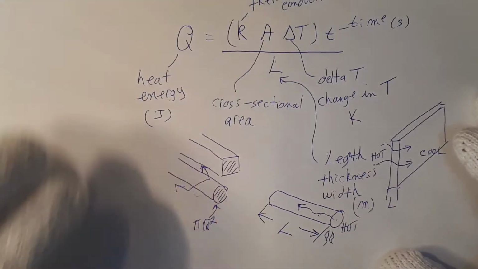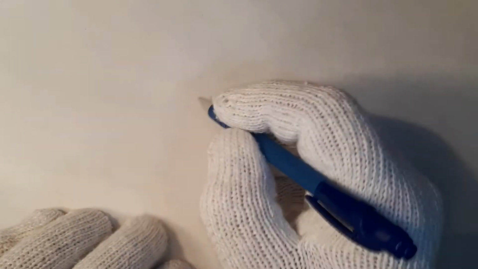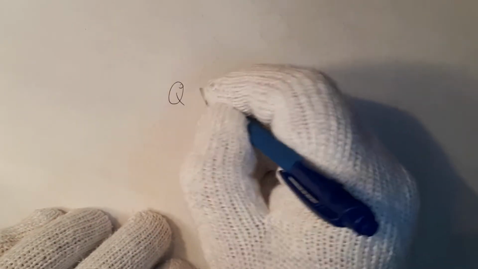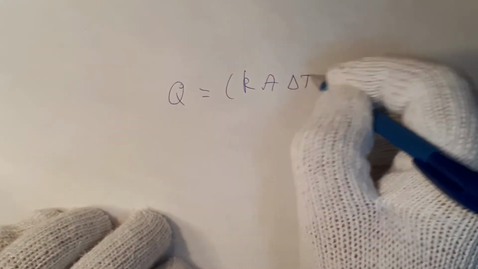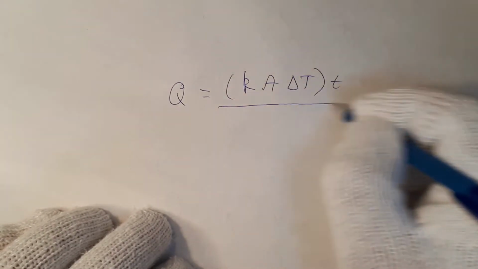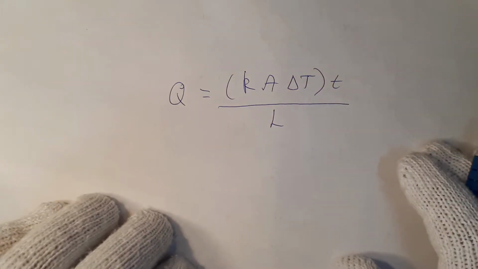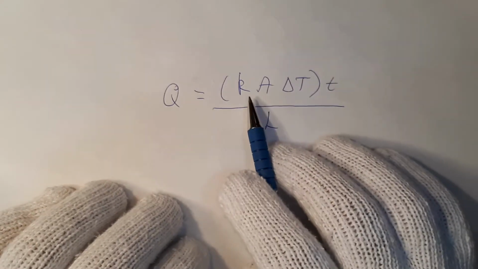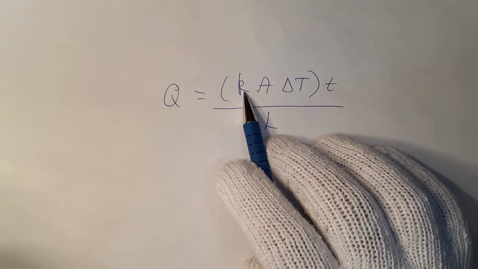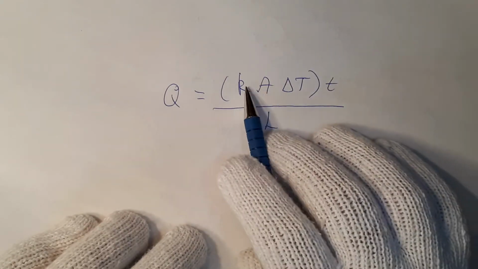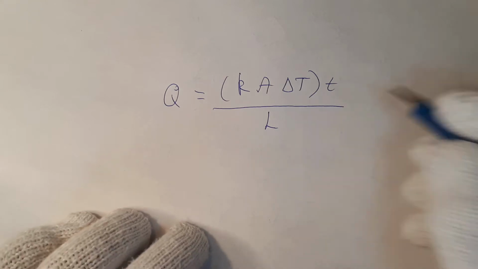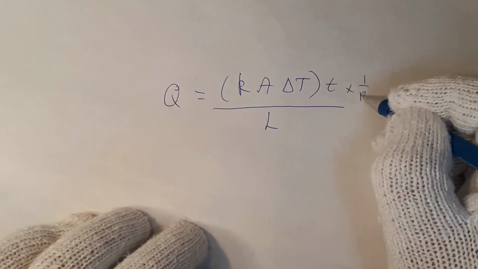Take this another step, this equation. I'm going to rewrite it here on the opposite side. Q is equal to kA delta T times little t, over L. I would like to take k, the thermal conductivity constant, and put it in the denominator. In order to do that, I need to multiply the numerator times 1 over k.